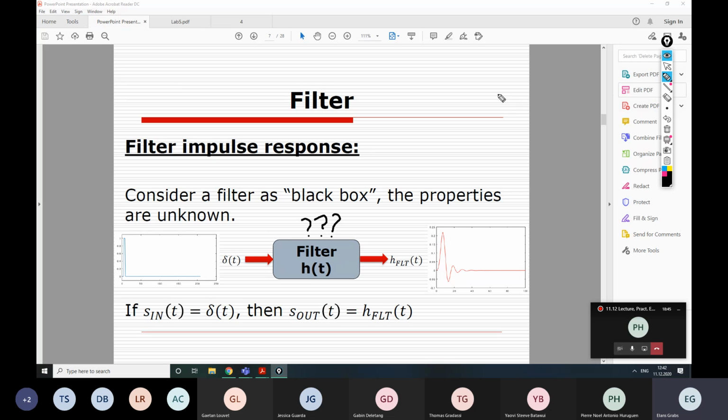So that's very similar to some kind of, I don't know, a bell, which you can hit, and then you hear how it sounds, right? So that hit is the impulse, and that echo sound is the impulse response. So this is generally a universal term, so it's not only applied to filters, but to any systems, including social systems, right?